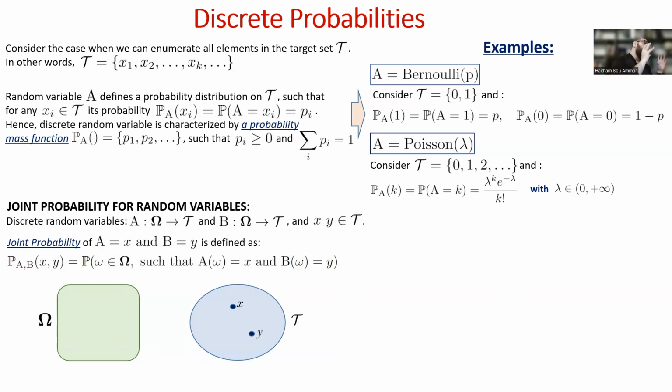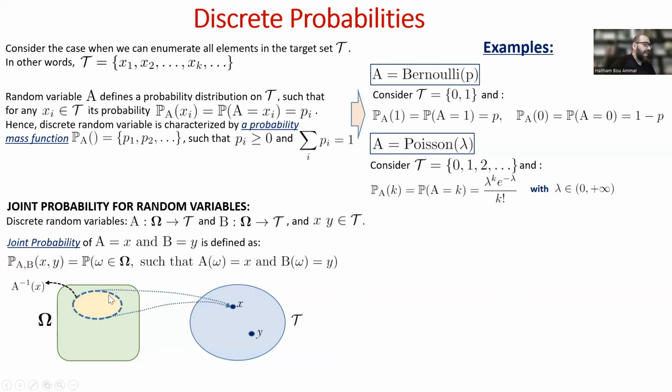We can go back to the omega space and find which of those events in omega would lead me to the value X inside T, and which parts of omega will lead me to the value Y in T. So in other words, we're computing the pre-images of X and Y in the omega set.